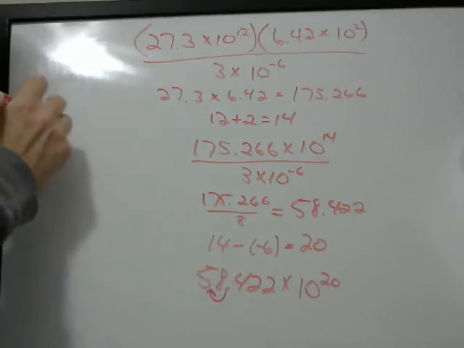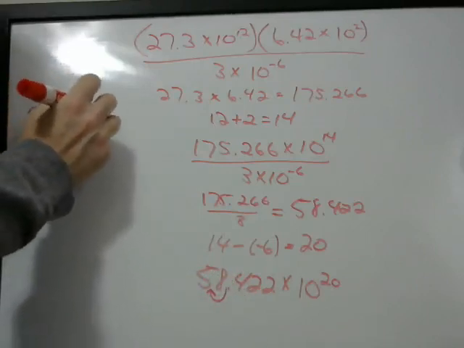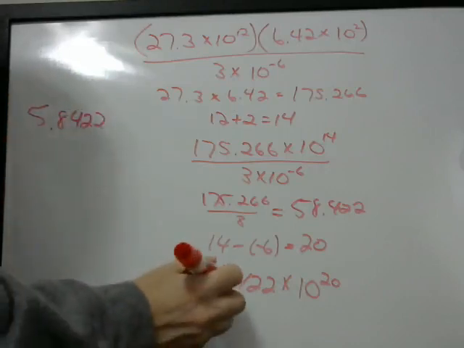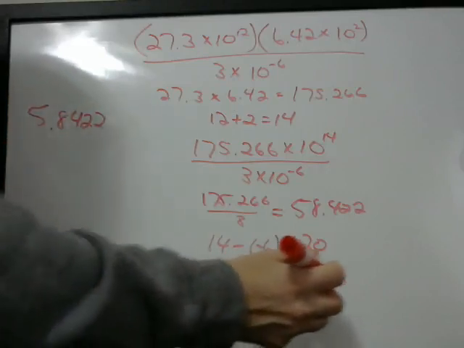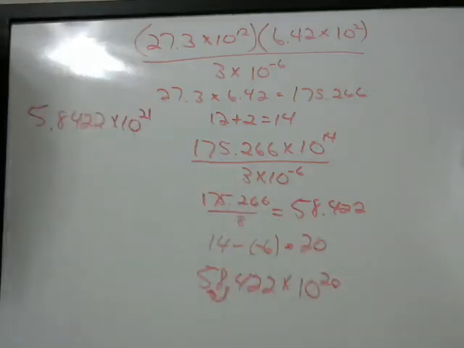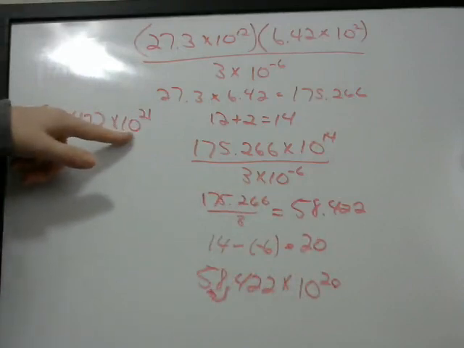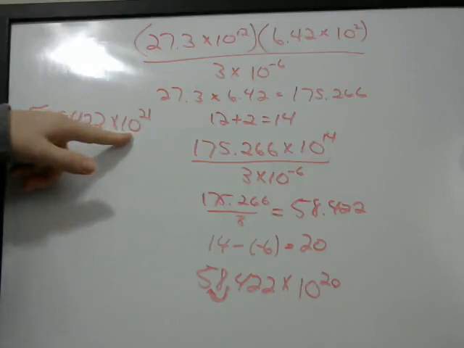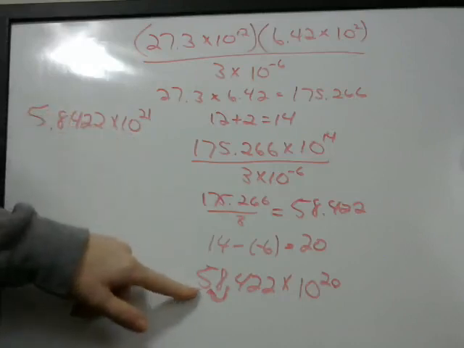So we have 5.8422. But if we move it to the left one, we have to make this number bigger. So it would be 5.8422 times 10 to the 21st. That might be the answer that's sitting on your answer sheet instead of this one.